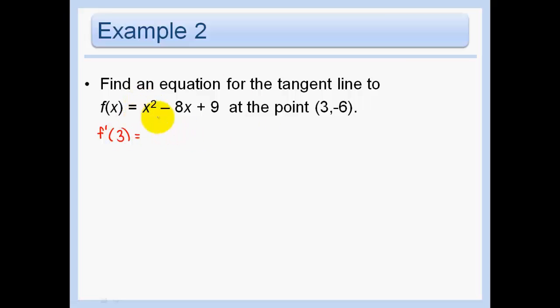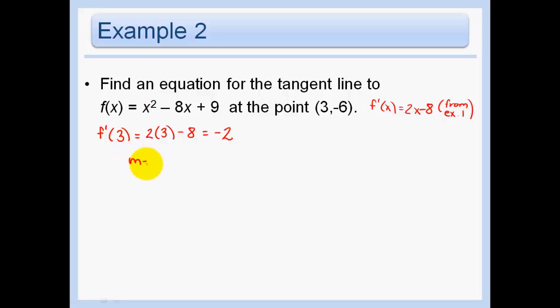Well, you'll notice that this is the same equation that we used in example 1, where we found that f prime of x was 2x minus 8. So f prime of 3 is just going to be 2 times 3 minus 8, which is negative 2.